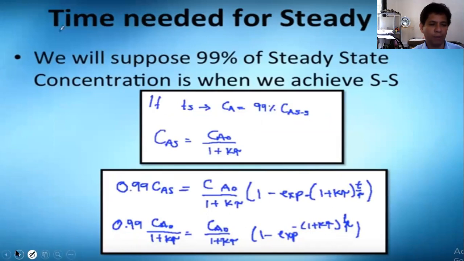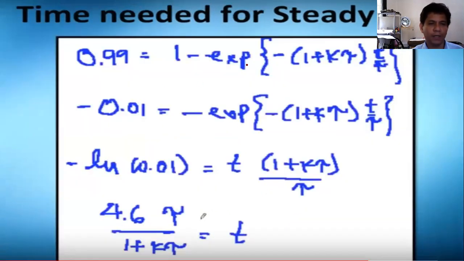That's the equation. So just transpose 1 to the other side of the equation. What did you do? I transposed 1, so you have negative 0.01.